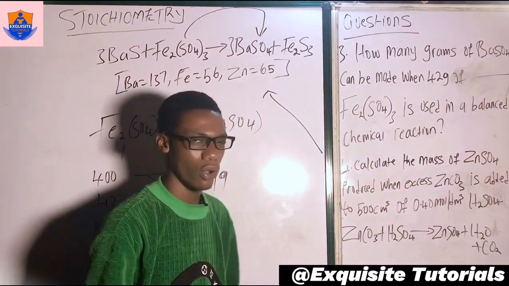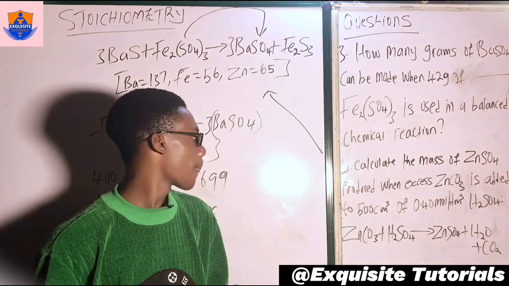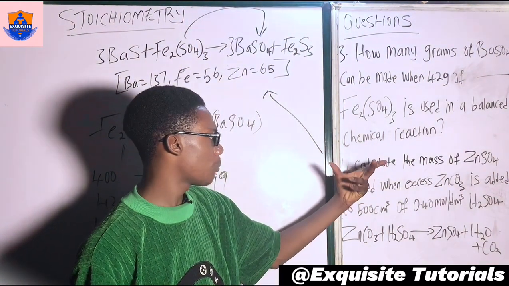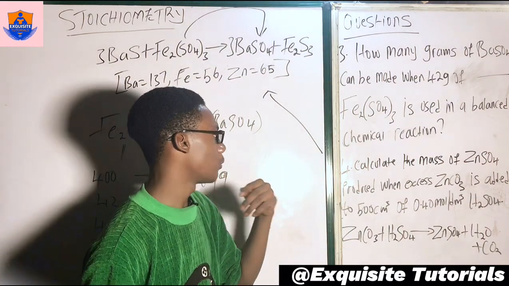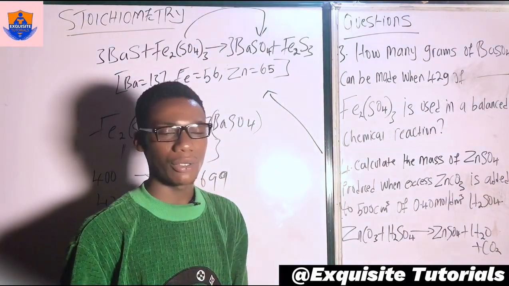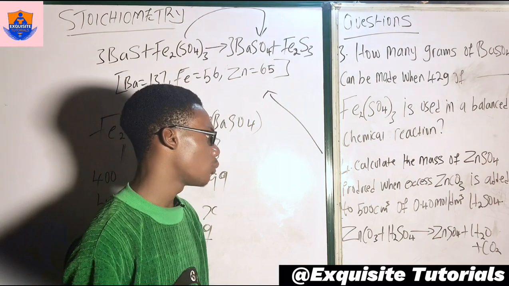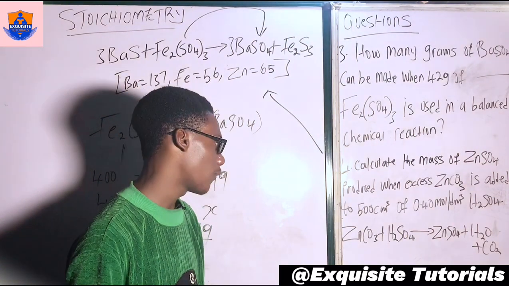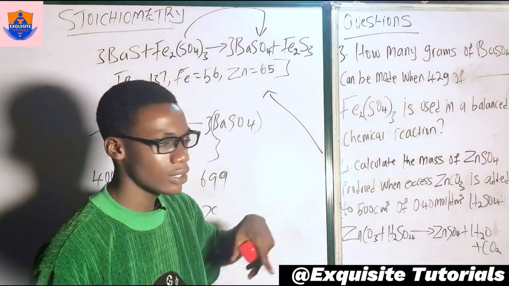Now let's go for question 2. Question 2 is quite cheap but bulky. Alright, so now they said calculate the mass of zinc sulfate produced when excess Na2CO3 is added to 500 cm cube of 0.40 mole per dm cube of H2SO4. Now this is the equation of the reaction for this question.